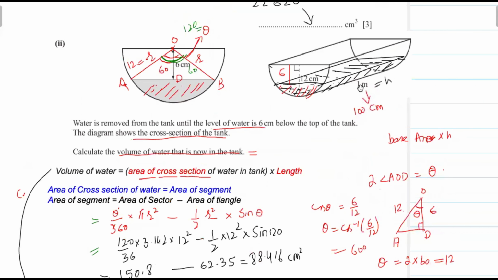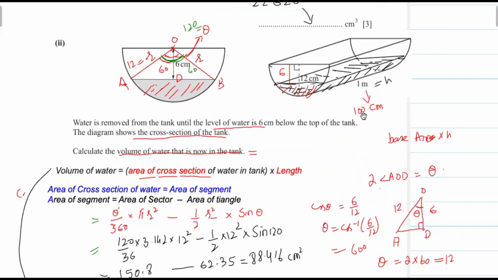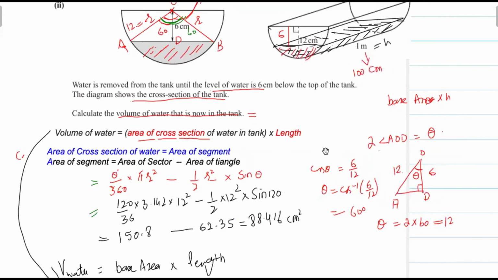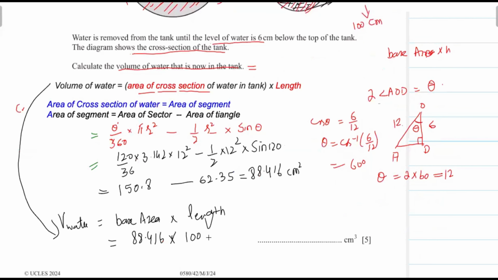Here the length given is 1 meter. We convert into centimeter, that is 100 centimeter. We put the value 100 centimeter, and this value becomes 8841.6, and this is 8842 cubic centimeter. This is the volume of water in the tank.